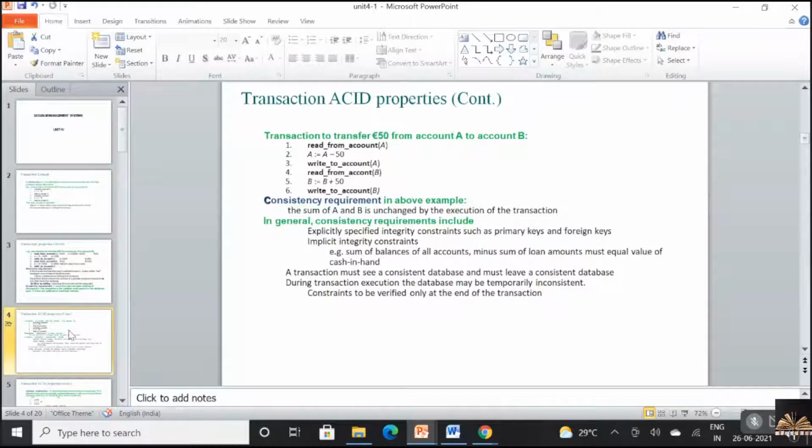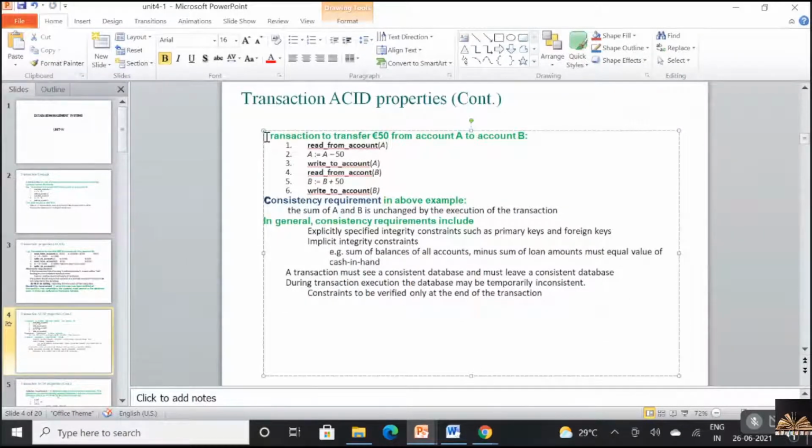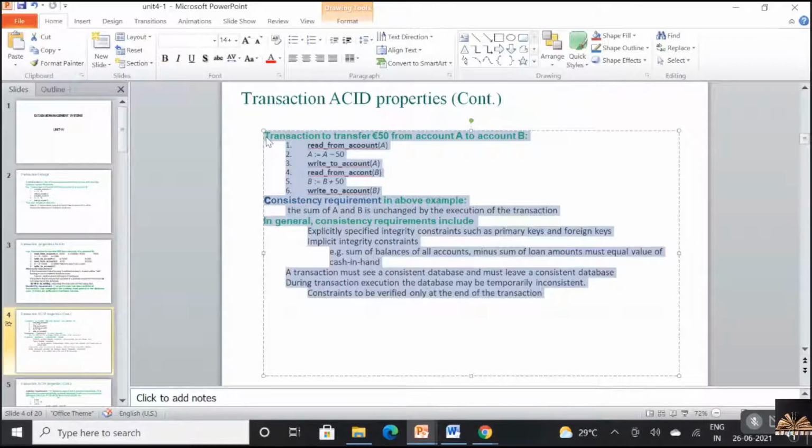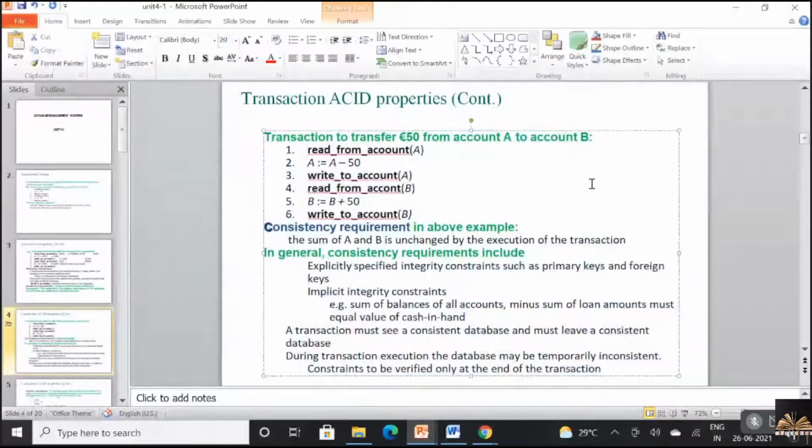Okay. Now see, talking about the third one, consistency requirement. The sum of A and B is unchanged by the execution of the transaction.